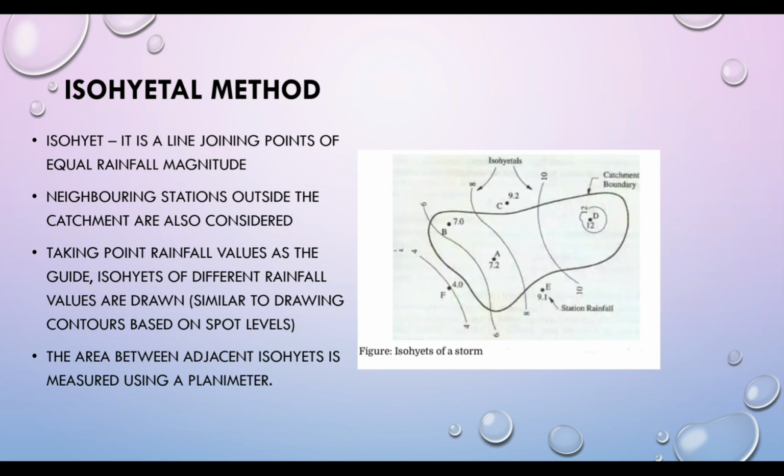Neighboring stations outside the catchment are also considered. Taking point rainfall values as the guide, isohyets of different rainfall values are drawn, similar to drawing contours based on spot levels. And the area between adjacent isohyets is measured using a planimeter.